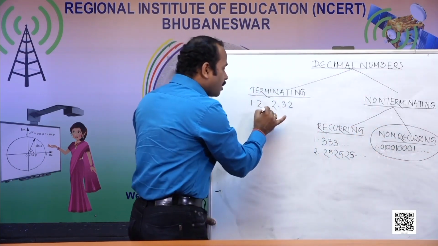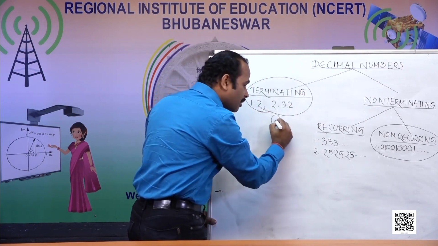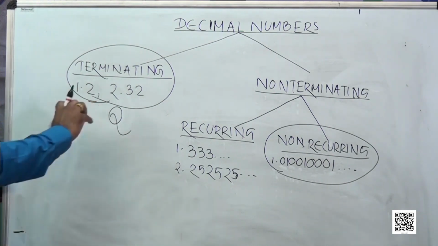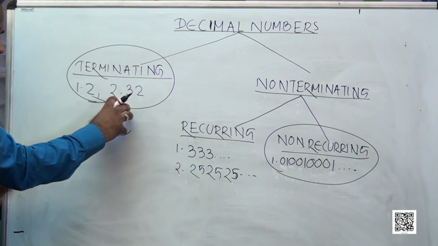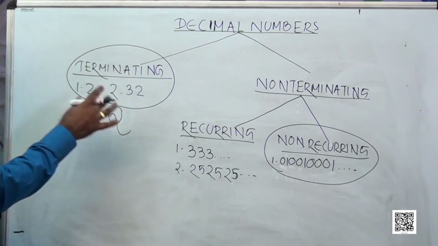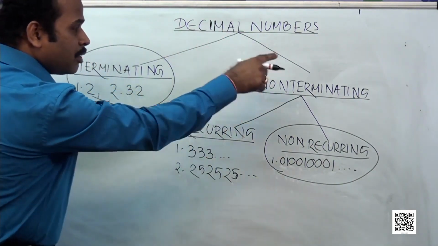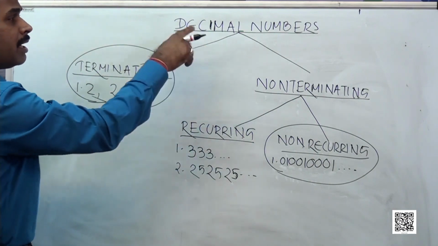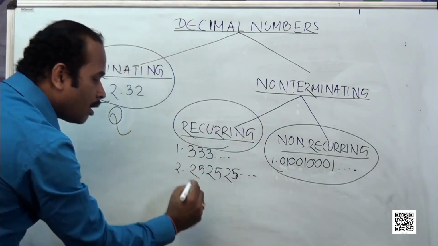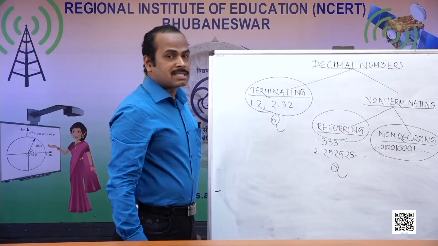The terminating decimals we learned come under rational numbers, and the set of rational numbers is denoted by the letter Q. Recurring non-terminating decimal numbers also come under Q, so they are also called rational numbers.